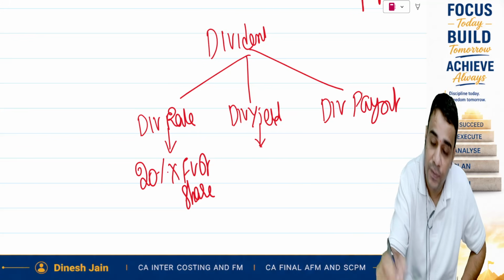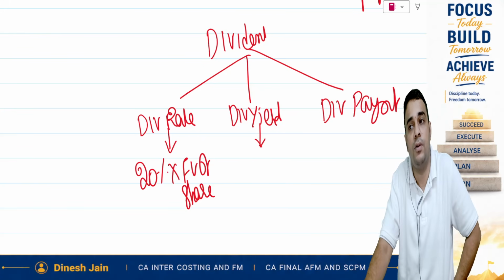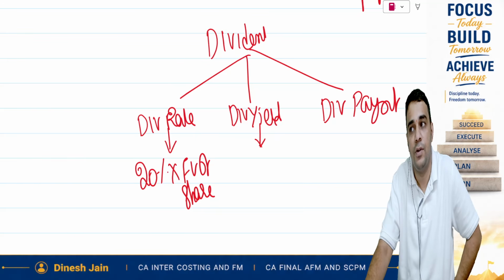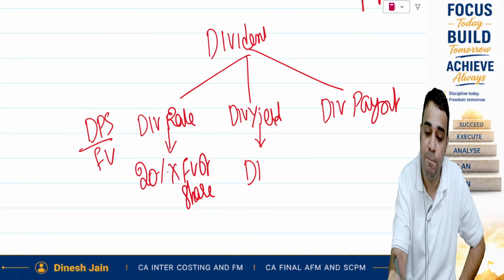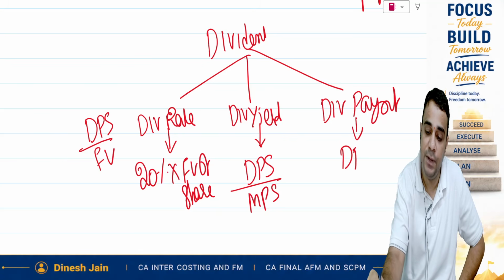Dividend yield. If they say dividend yield, you multiply with what? You remember the dividend yield formula? Ratio analysis. This is DPS divided by face value. This is DPS divided by MPS. This is DPS divided by EPS.